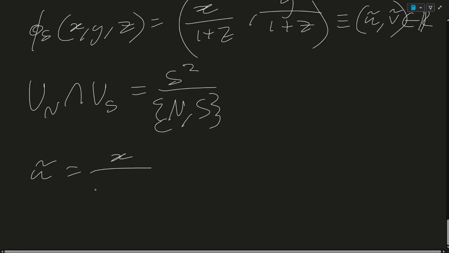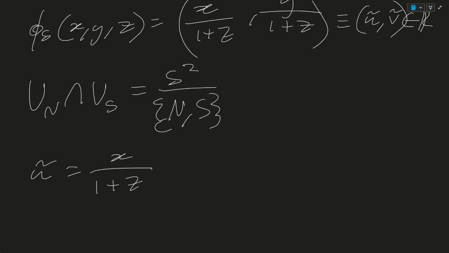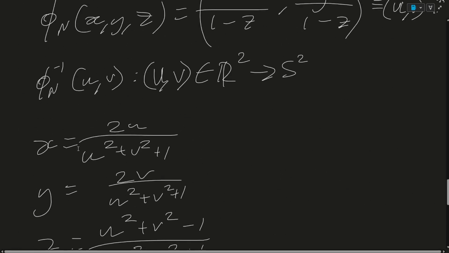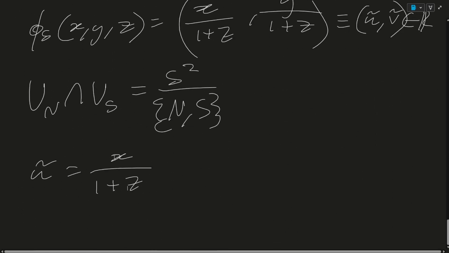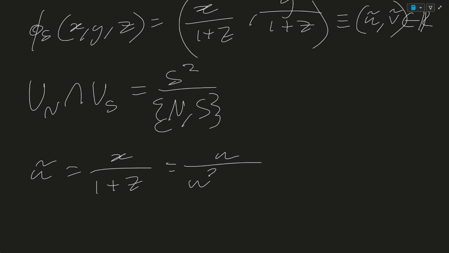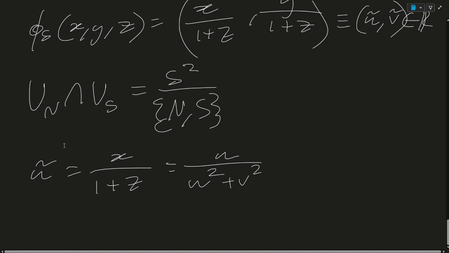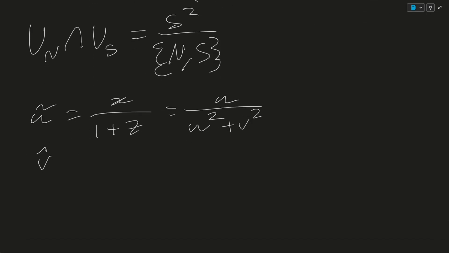So it's x over 1 plus z. At this point, you plug in our values for x and z. I am not going to work through that algebra because it's a waste of time. It's u over u squared plus v squared, elementary algebra. v tilde, same thing here. It's y per 1 plus z. This is going to be v over u squared plus v squared.